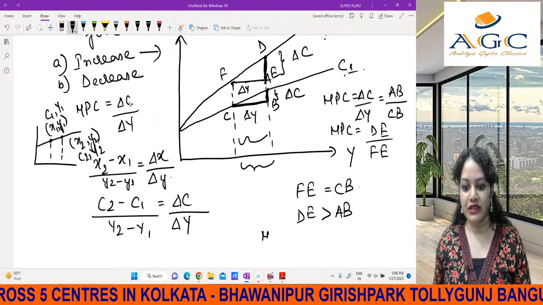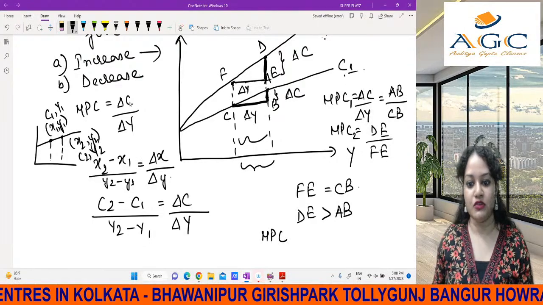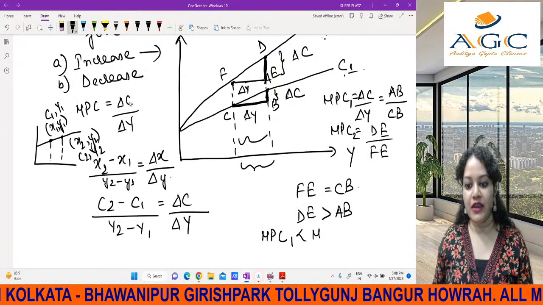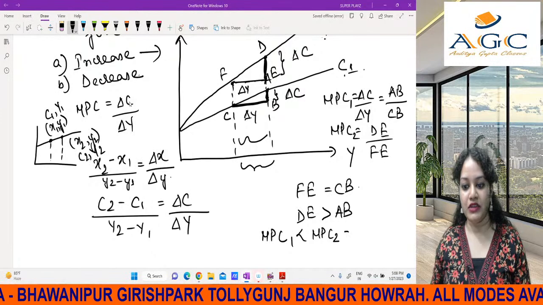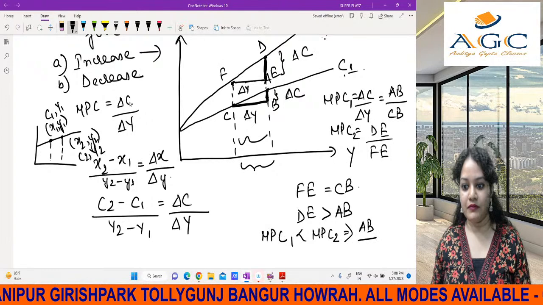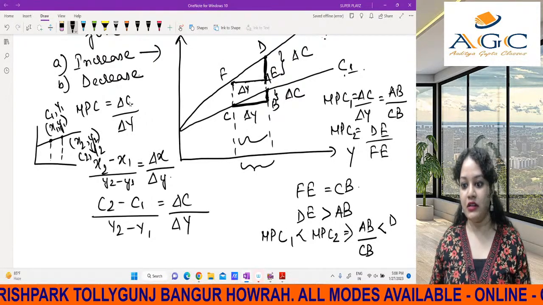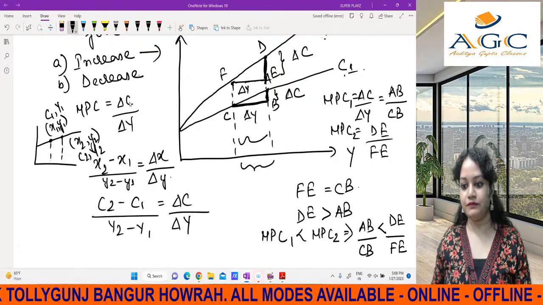As a result, naming this MPC1 suppose, and this MPC2, you can say that your MPC1 is smaller than your MPC2, because your AB by CB is smaller than your DE by FE.